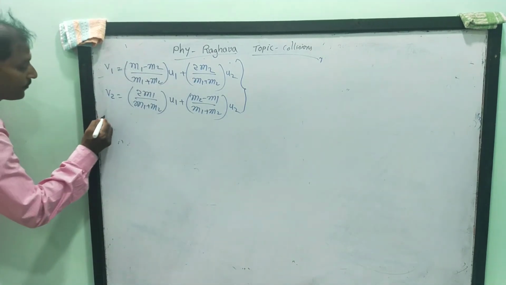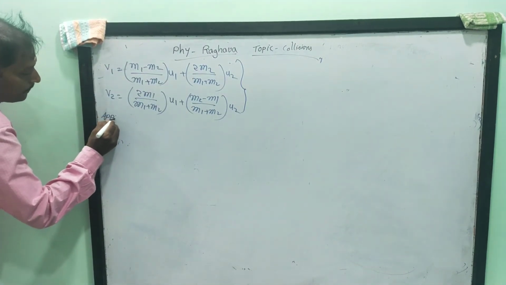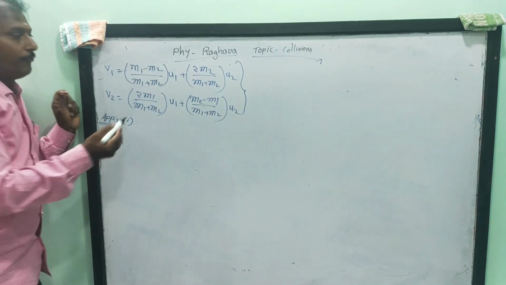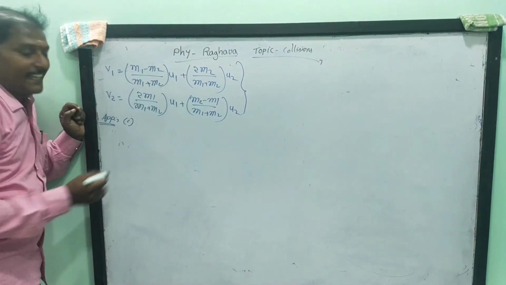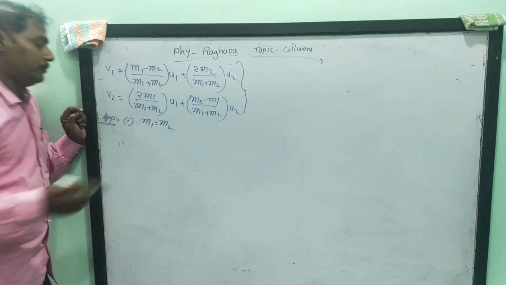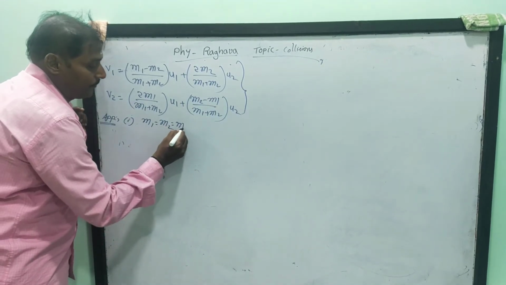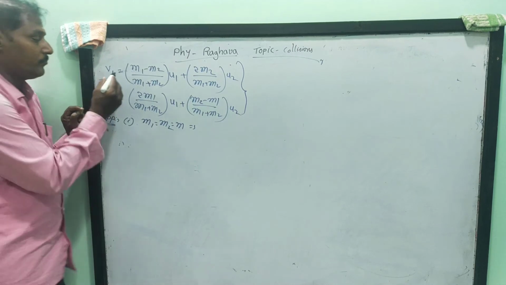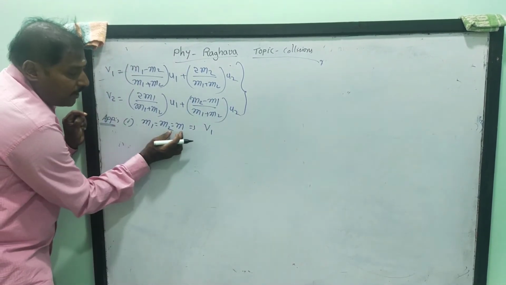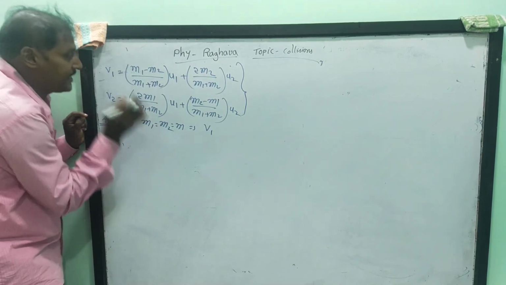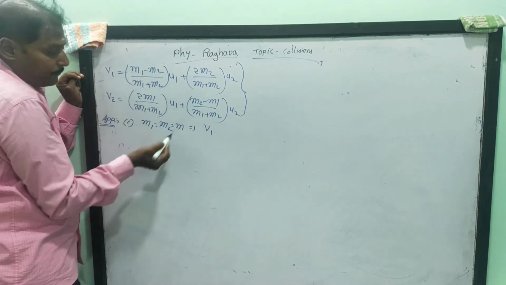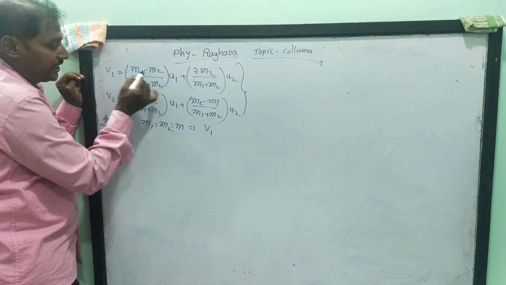First application. If both the bodies have the same masses, that is m1 is equal to m2, just taken as m, then the velocity of the first body after collision, for collision between two bodies of equal mass, is given by substituting these values in this expression.